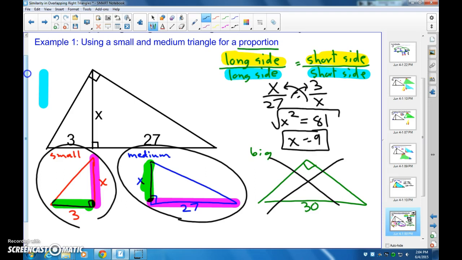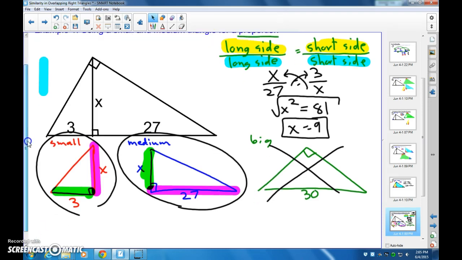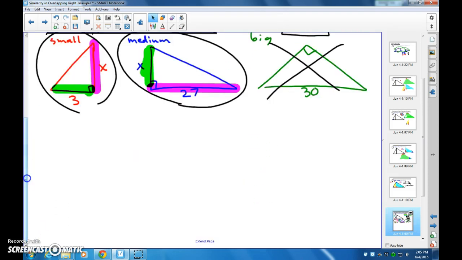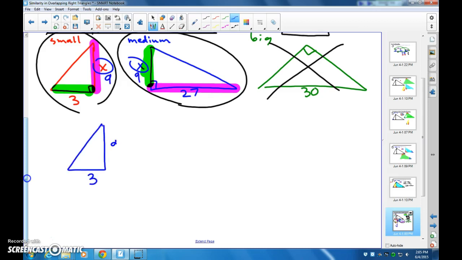Okay, so that x, which is an unknown for the small, and an unknown for the medium, happens to be 9. And if you want to check your work to make sure that makes sense to you, let's take a look at that. If I know that this x is really 9, that means I have a triangle that's a 3 by 9, and I have a triangle that's a 9 by 27.